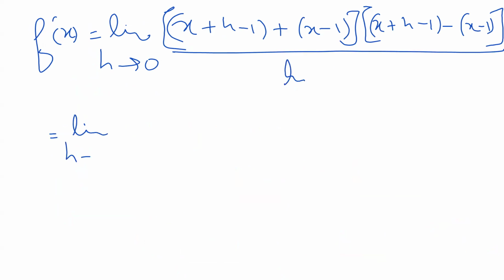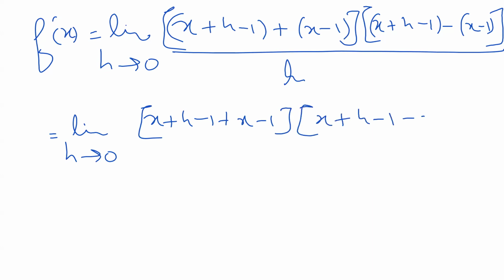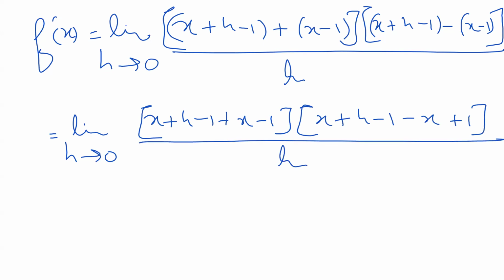So limit h approaching 0, x plus h minus 1, and just open the round brackets, plus x minus 1. This is the first box bracket. x plus h minus 1 minus x plus 1. This is the second box bracket.